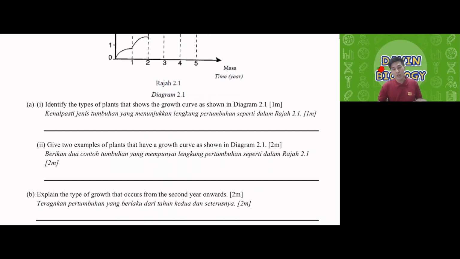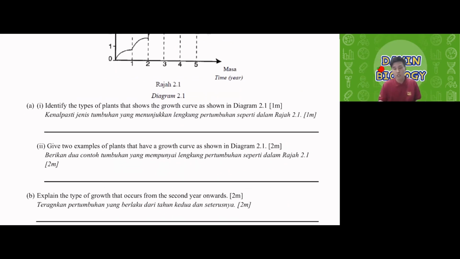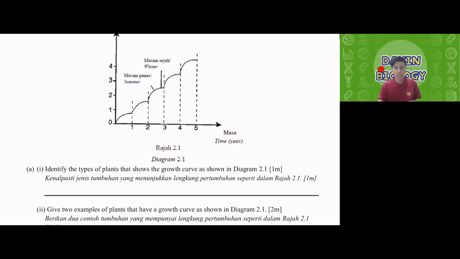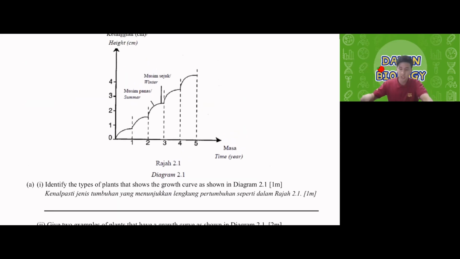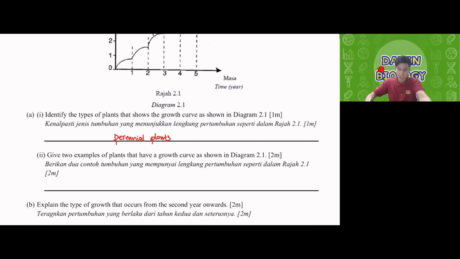Now question 11, page 30. Identify the type of plant that shows the growth curve as shown. So this one is very simple. You can see this chapter is actually very, very easy. This is basically perennial, don't need to think. Okay, finish this quick. Give 2 examples of plants that have the growth curve shown.